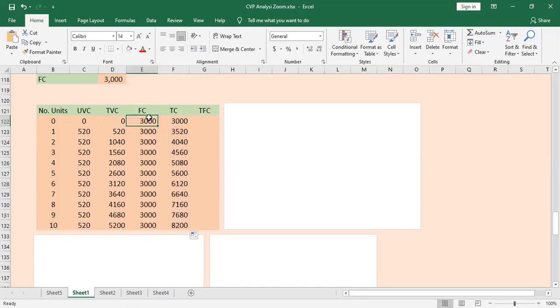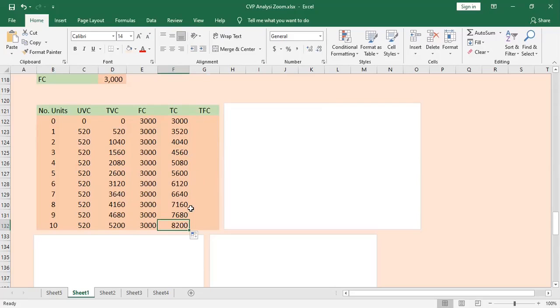Here 3000 plus 0, 3000. Here 3000 plus 520, 3520. Here 3000 plus 5200, you are getting 8200. So this is the behavior of the total cost.